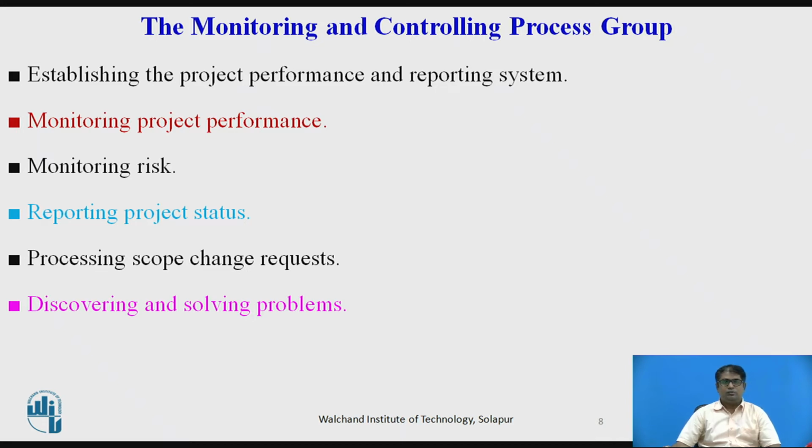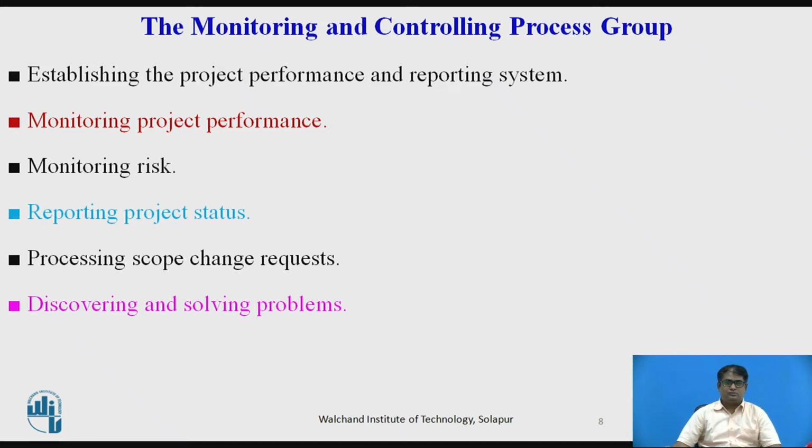The monitoring and controlling process group includes all the processes which are related to the ongoing work of the project. These processes are establishing the project performance and reporting system, monitoring project performance, monitoring risk, reporting project status, processing scope change requests, and discovering and solving problems.